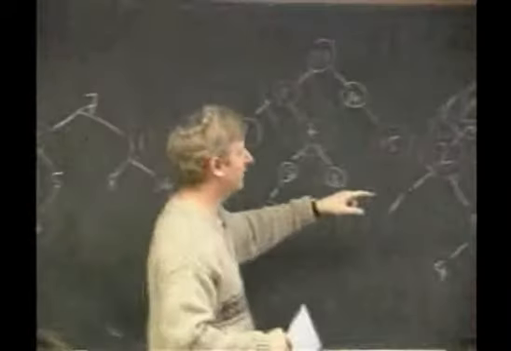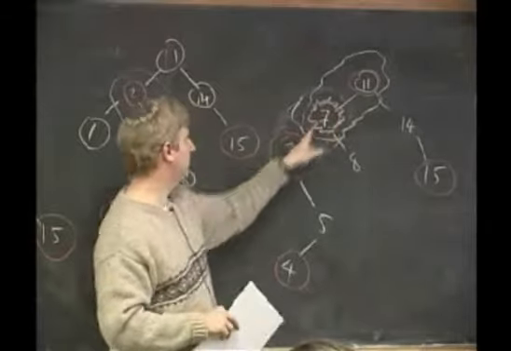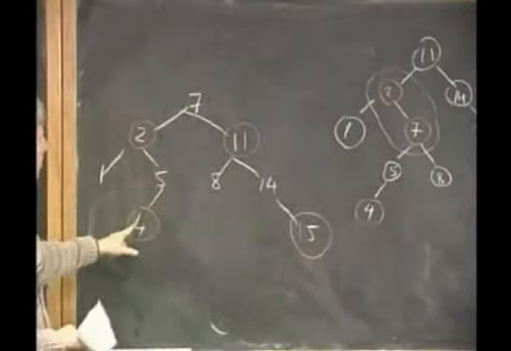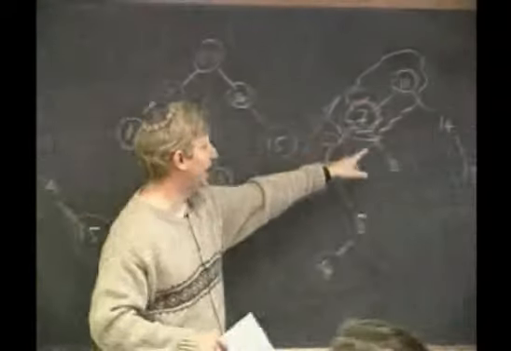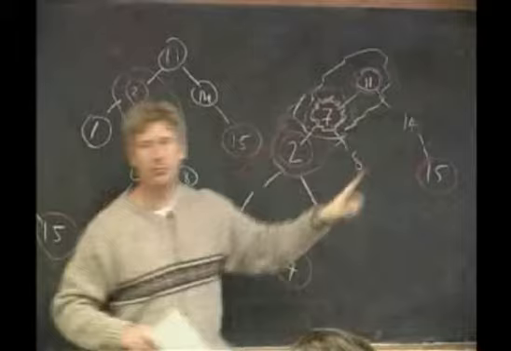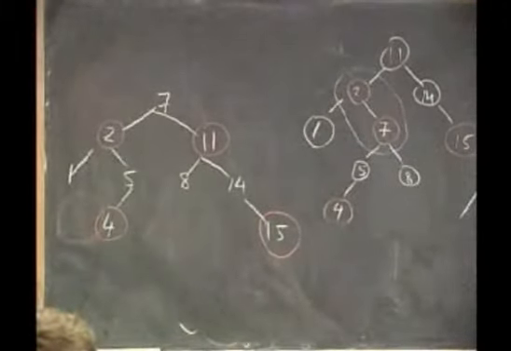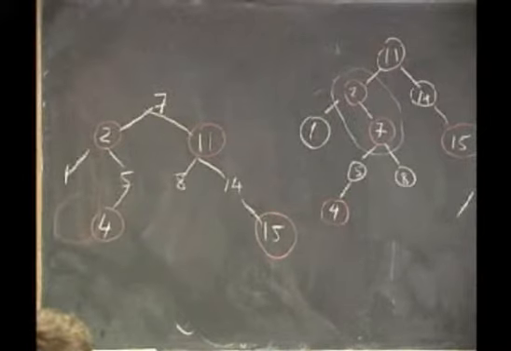The 11 still holds its 14 and 15. The 7 still holds its 2, 1, 5, 4. And the right part of the 7 that's got no place to go gets snipped off and connected to the left part of the 11. So first we did a left rotation and now we did a right rotation.